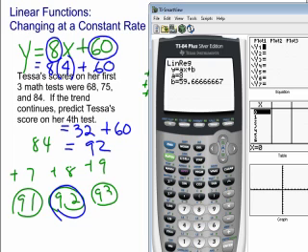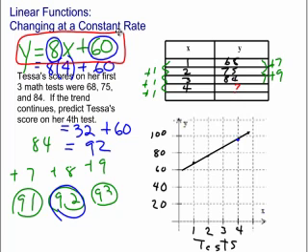Once you know that formula or model, we can use the model to see how good the model actually is, and we can also use it to predict future values. If I wanted to see how good this model is, I might test a couple of the points. It won't be exact unless your rate of change is a constant, and we can see here our rate of change is not exactly a constant.